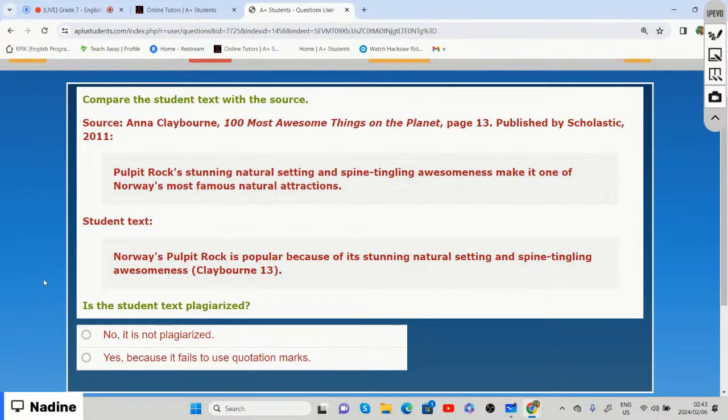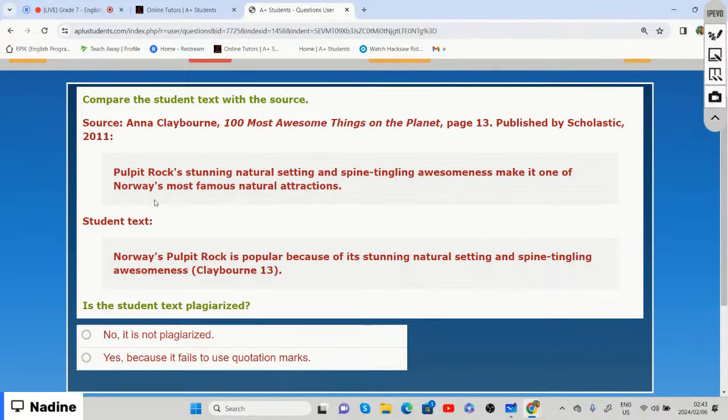So if we compare the text with the sources, meaning the source text as well as the student's text. It says Pulpit Rock's stunning natural setting and spine-tingling awesomeness make it one of Norway's most famous natural attractions.